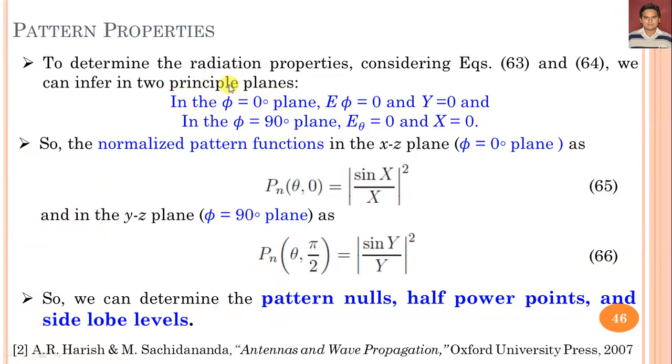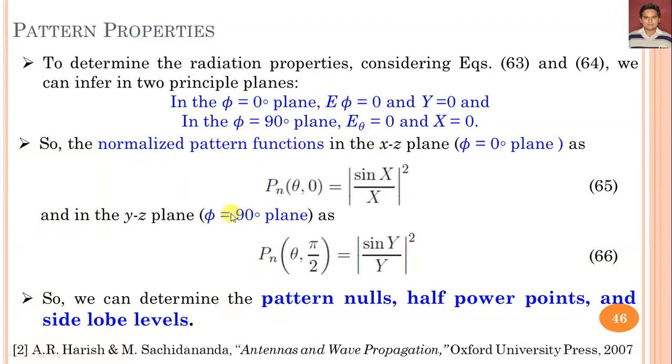Here, in the phi equals 0 degree plane, E of phi equals 0, but in the case of free space, E of theta is equal to 0 and y is equal to 0, and in the phi equals 90 degree plane E of theta is equal to 0 and x is equal to 0. So this is the basic difference between the infinite ground plane and what we discussed in the previous lecture 3.